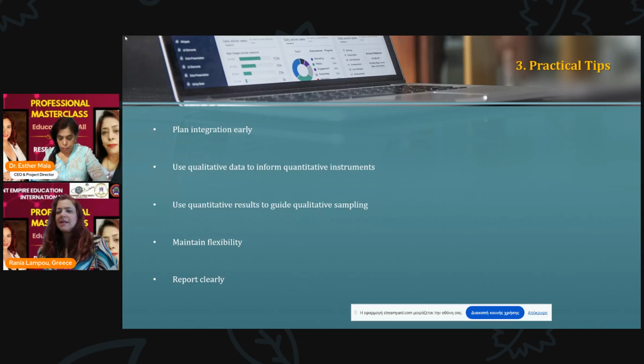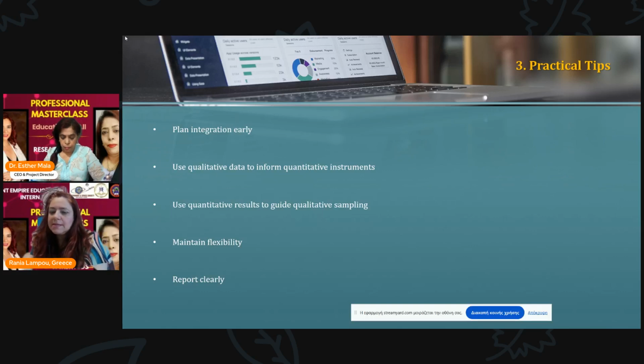For example, select interview participants based on survey responses. And maintain flexibility, be open to adapting sequencing based on emerging findings. Report clearly: describe sequencing rationale, timing, and integration strategy transparently.